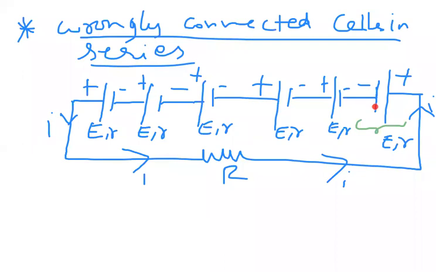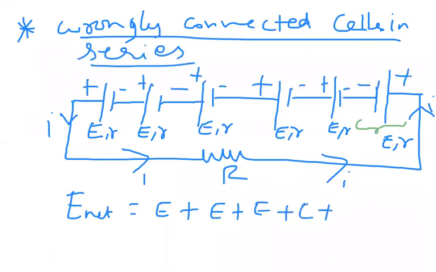Now observe carefully, beta. What is the E net value? E net value means I can write E plus E plus E, and in total you can observe 1, 2, 3, 4, 5 are in series. This one is also in series, but reverse connected.